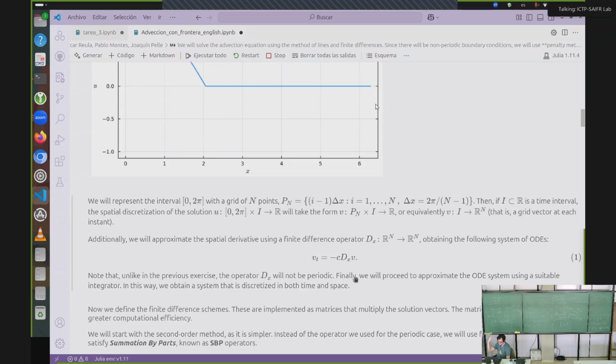Then in the actual homework, you will work with the fourth order. We will need to create the function that does that operator, and use the appropriate coefficients at the extremes. But don't worry, they will be provided, right?